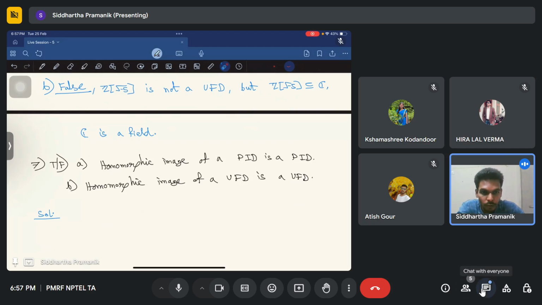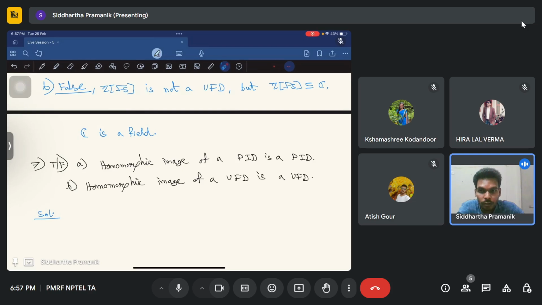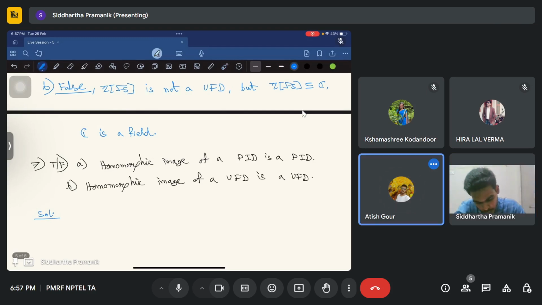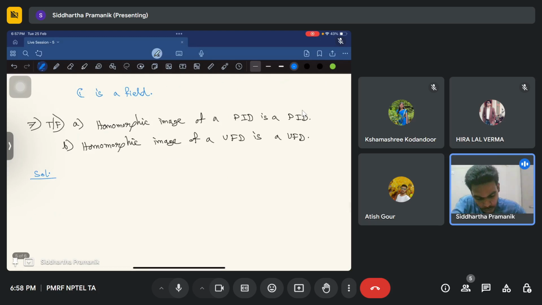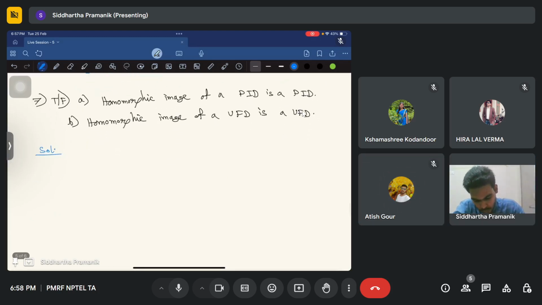What are you saying? You are saying true. True for the first one or the second one? The first one, sir. So you are saying the homomorphic image of a PID is a PID.